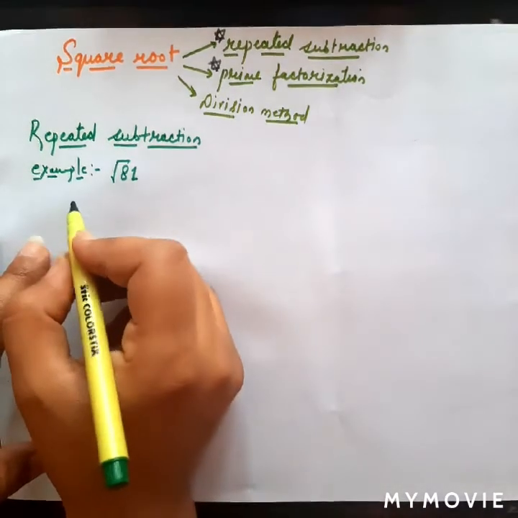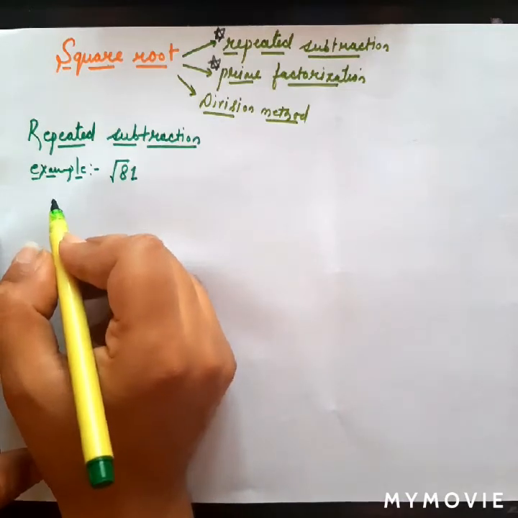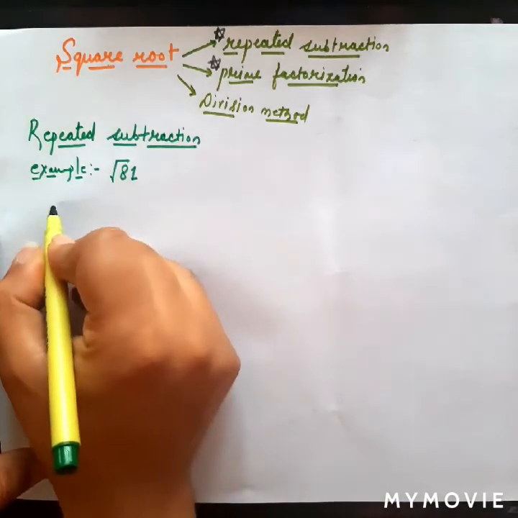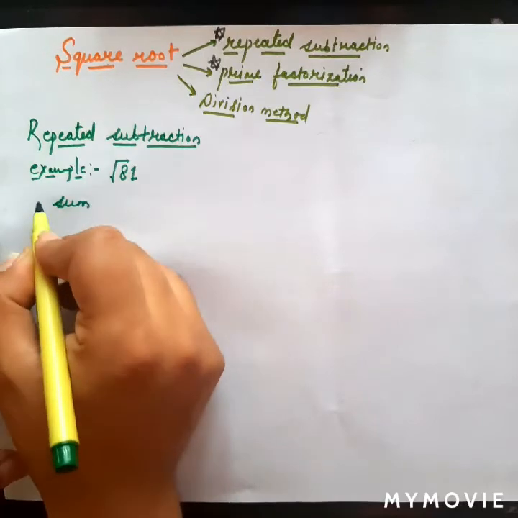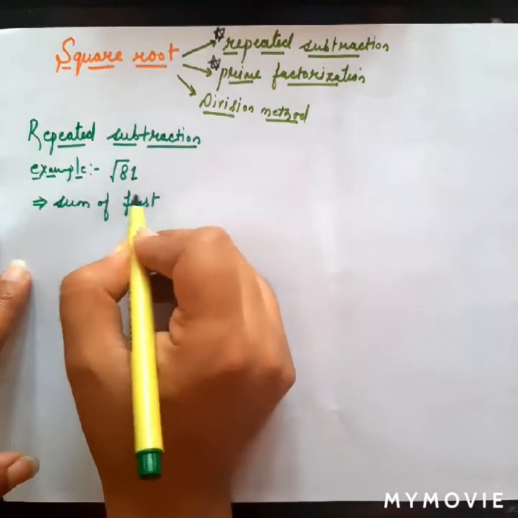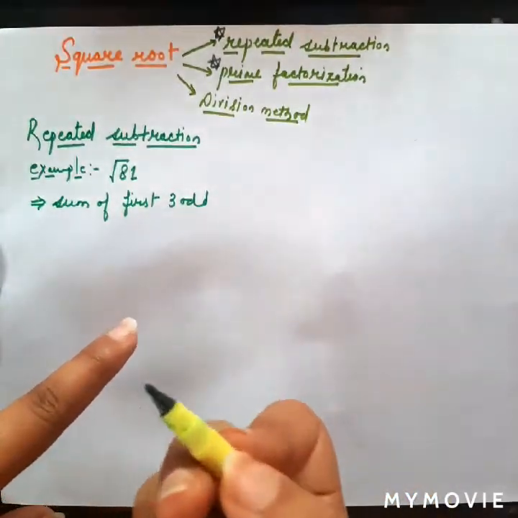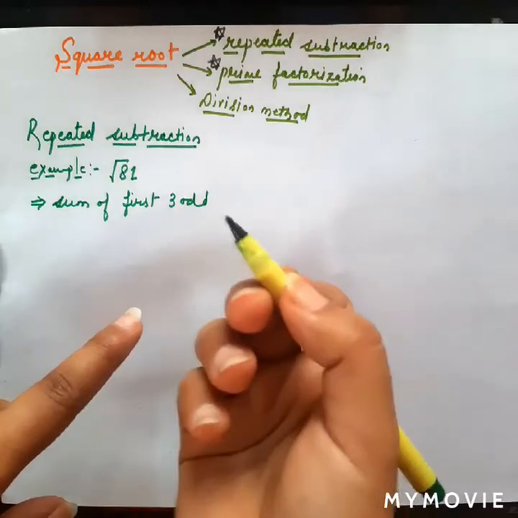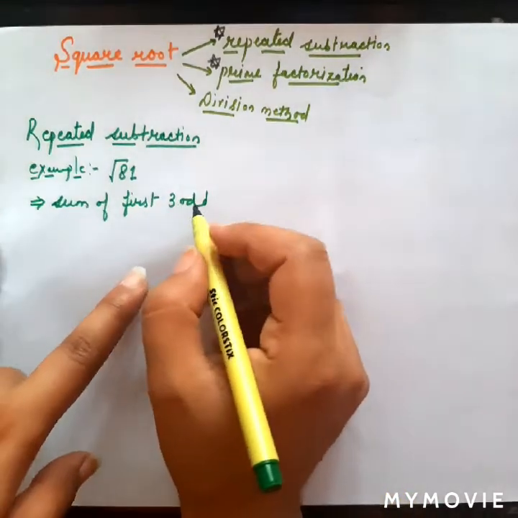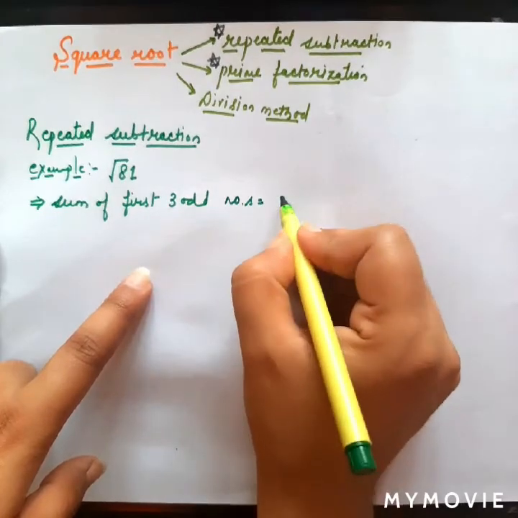You might have done this in number series: the sum of the first three odd numbers will be equal to 3 square.